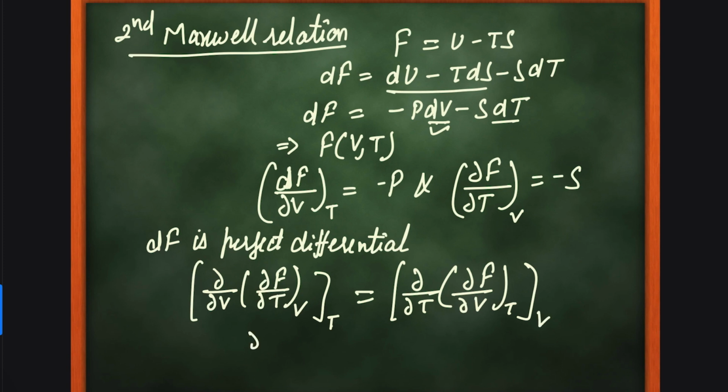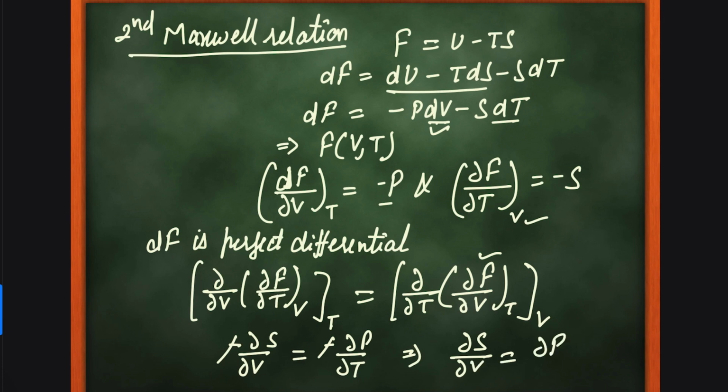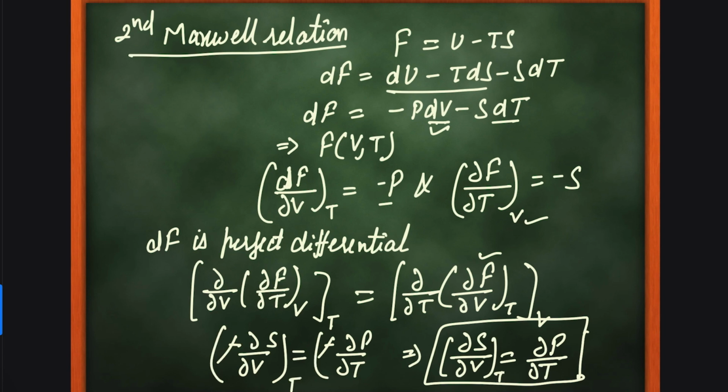Then this is equal to minus S on one side, and equal to minus P on the other. Minus minus cancel out. So this implies that we are getting del S over del V is equal to del P over del T. Obviously, this is at constant T, and this is at constant V. So this is our second Maxwell relation.